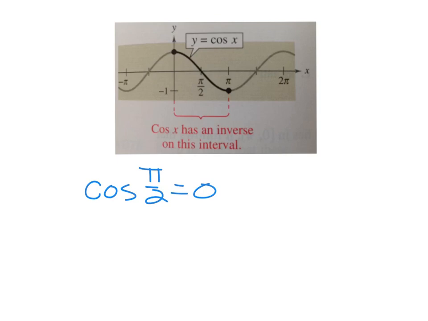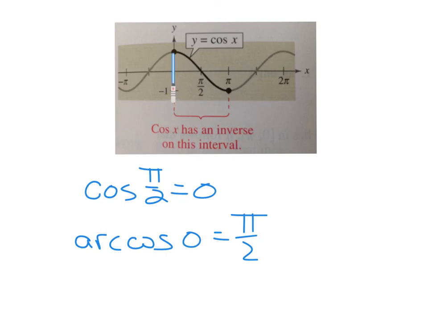So what is the x value at pi over 2 on the unit circle? Well, it's 0. And so, if you're understanding everything, you can say that arc cosine of 0 must be pi over 2. And that's going to be true everywhere.